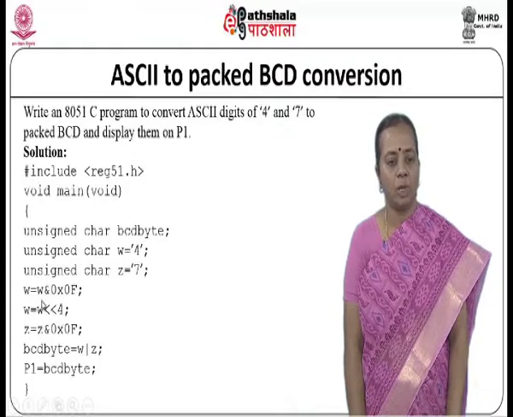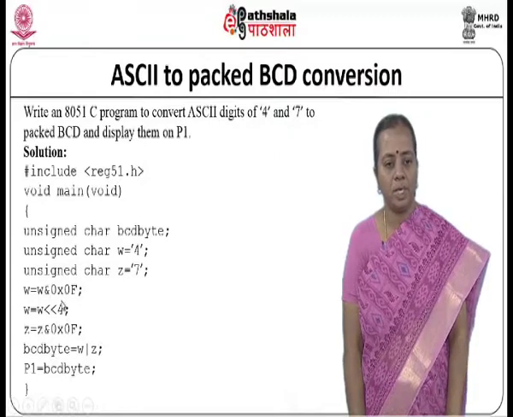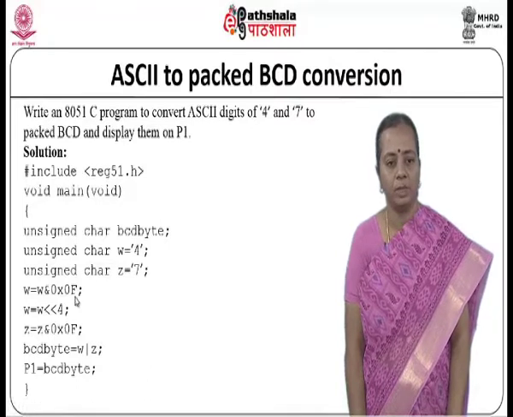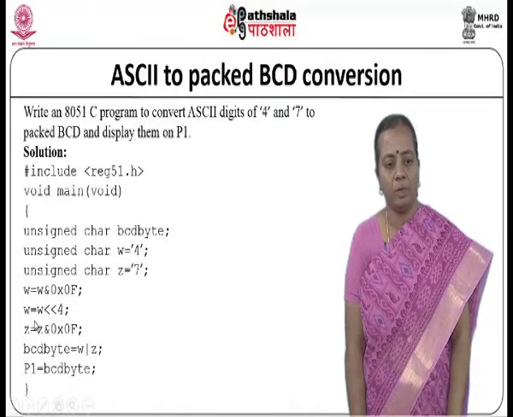Now, W is equal to W ANDed with 0F. So, W is nothing but 4, and 4 is ANDed with 0F. So, we will be getting the 4 over there, which will be shifted left by 4 positions.